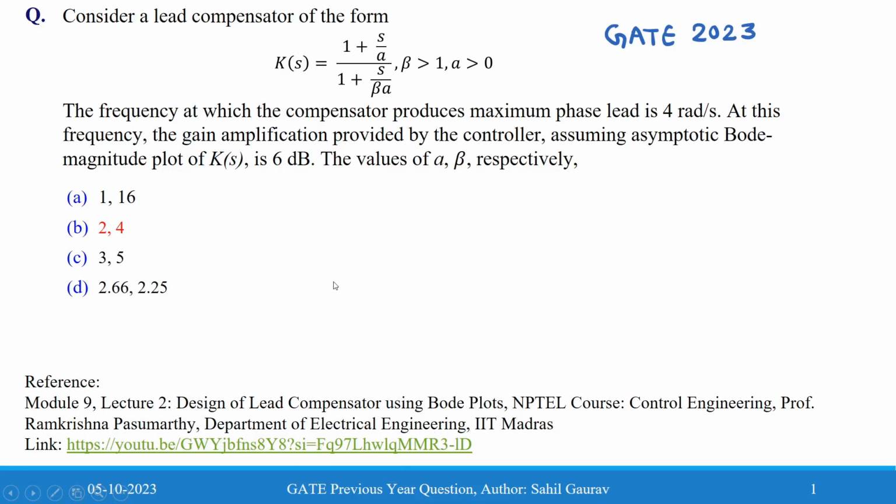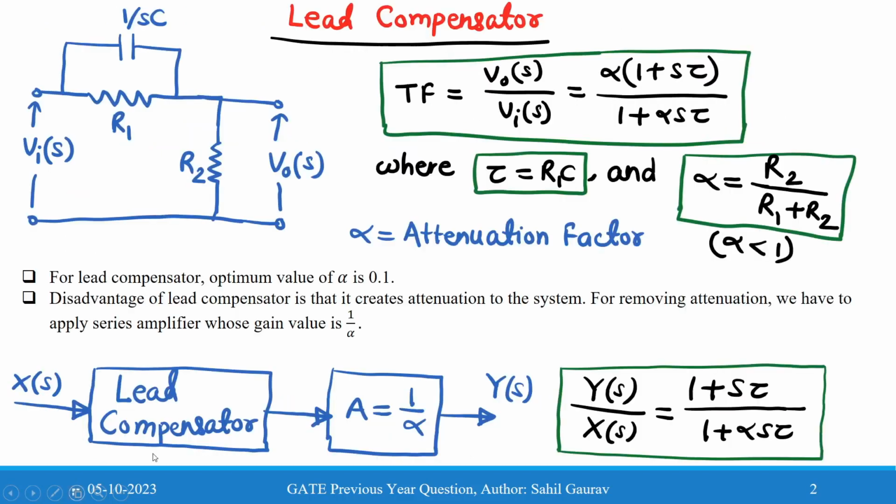Now, before we begin to solve this problem, let us have a quick recap of the lead compensator. As we all know, a lead compensator is similar to a high pass filter, and the equivalent electrical circuit diagram can be made like this.